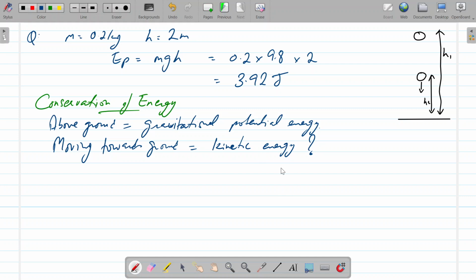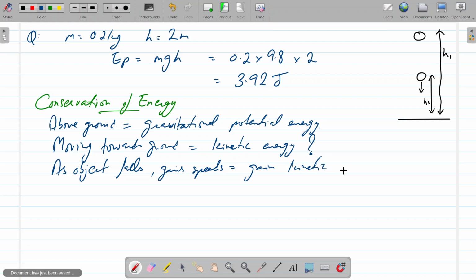And so, as the object falls, it gains speed, which means it gains kinetic energy. Which is coming from the loss of potential energy, because as it's falling, the height is decreasing.